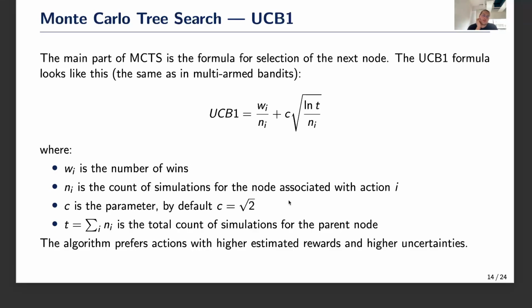So this formula balances two competing goals. Exploit what seems good: the first term is just the empirical win rate of action i. And explore what we haven't tried much: the second term grows large when n_i is small, encouraging the algorithm to try less visited nodes.